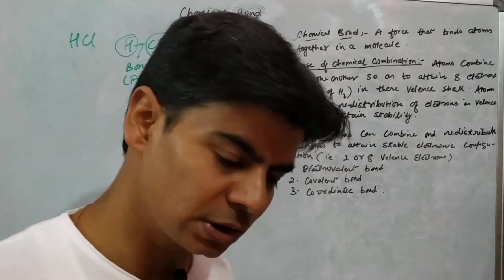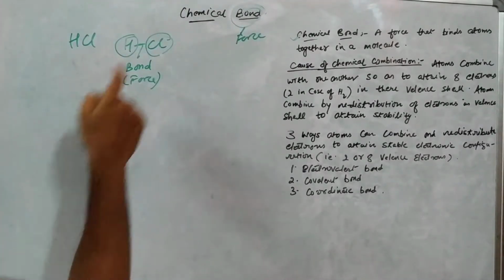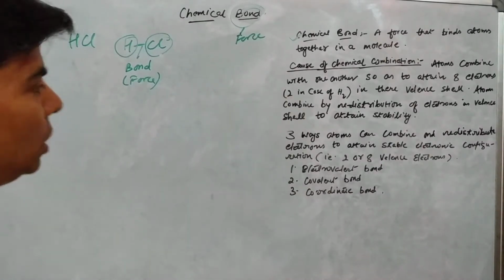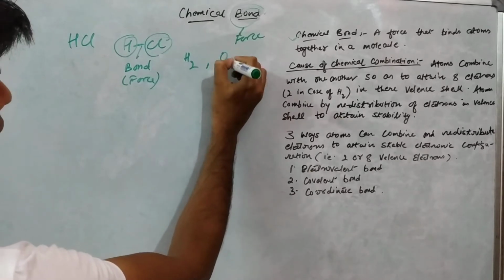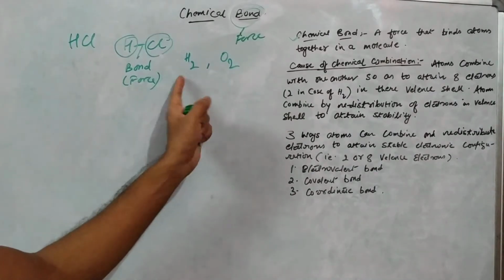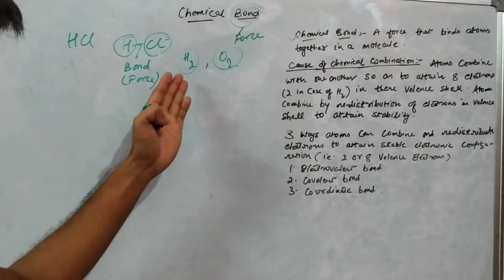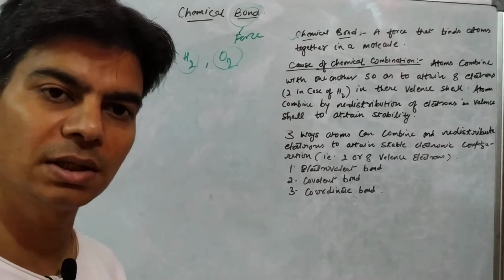Now the second question that comes to our mind: these atoms, hydrogen and chlorine. If we talk about other molecules, take the example of hydrogen and oxygen. Hydrogen exists as H2 and oxygen exists as O2.